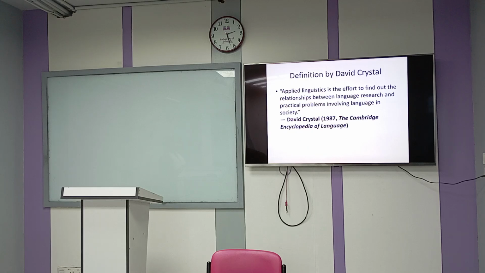We are making theories and doing research, but if there is no practical connection with practice, then there is no applied linguistics. So applied linguistics is basically the match between research and practical problems involving language in society. We will deal with real life language problems.